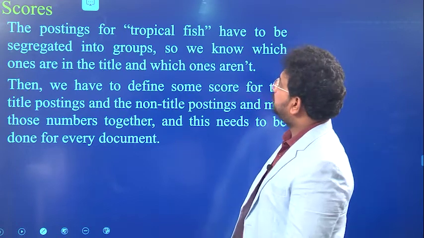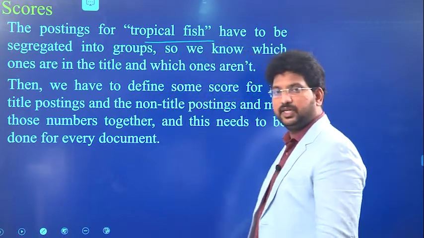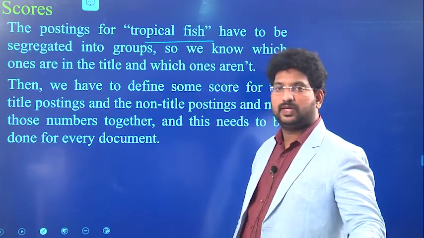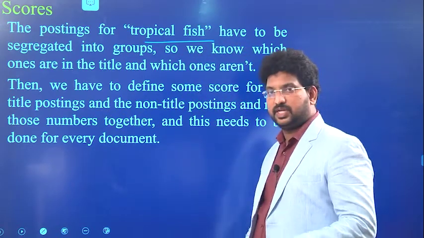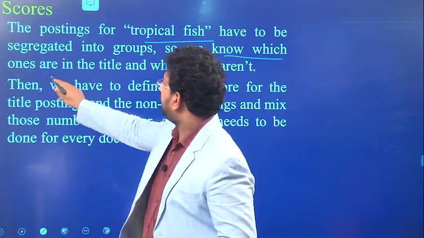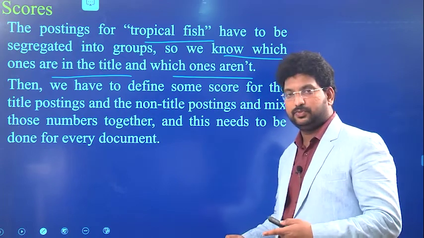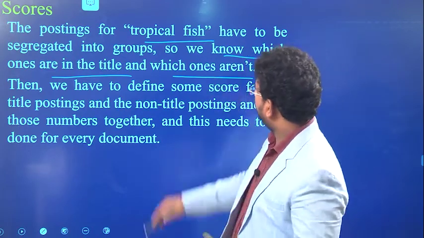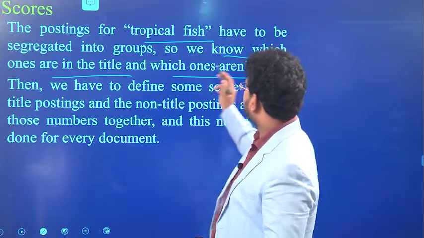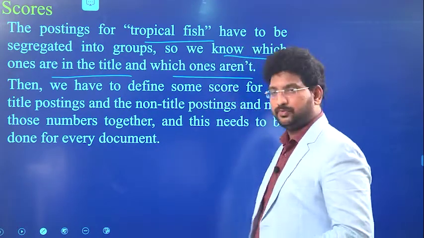The postings for tropical fish have to be segregated into groups, so we know which ones are in the title and which ones are not. Which are present in the title and which are not present in the title, accordingly we are able to find.